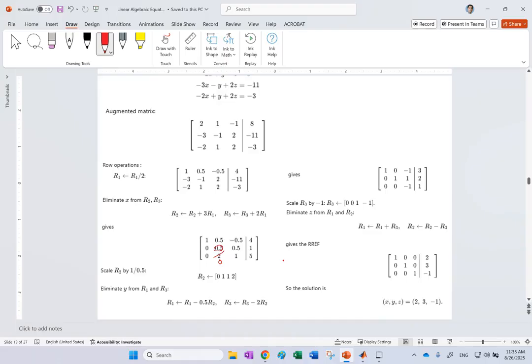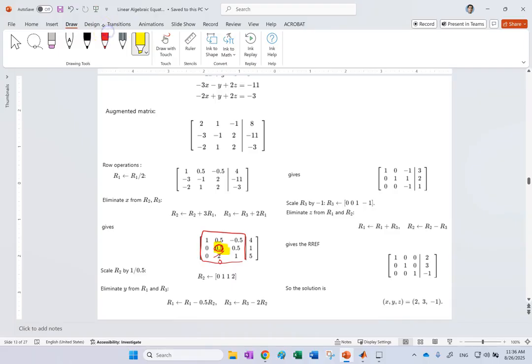But before we eliminate these 2, since this A portion should be an identity matrix, first we have to take care of this 1/2. Because if it's identity, this should be 1, not 0.5.